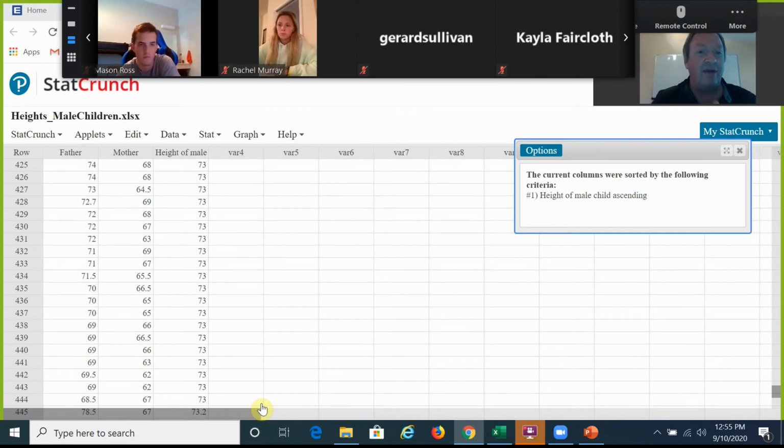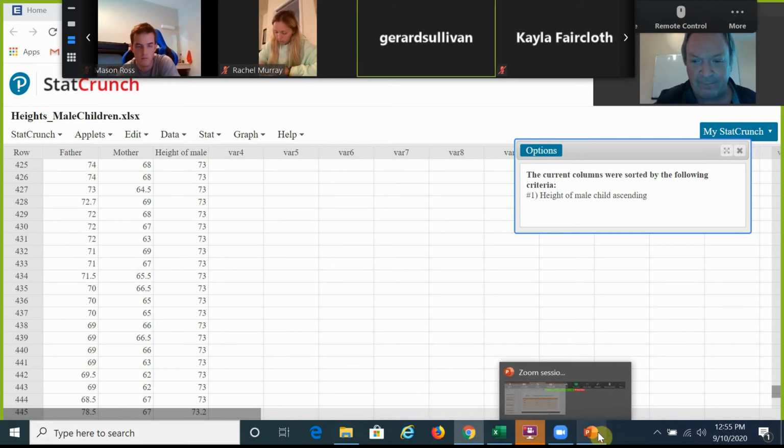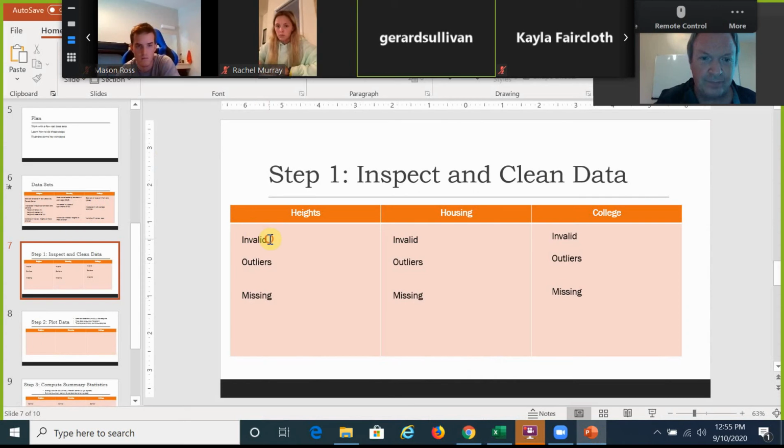So we don't have any, what are we looking for here? We're looking for invalid data values. So Gerard, tell me an example of an invalid data value. You're looking through male heights. What would be an invalid data value? I could ask you this on the exam. An example of an invalid data value? Yep.